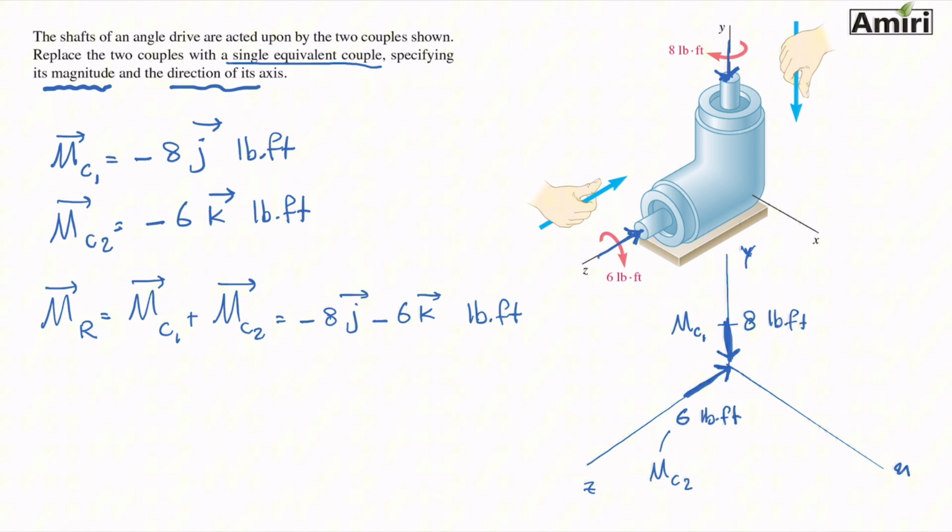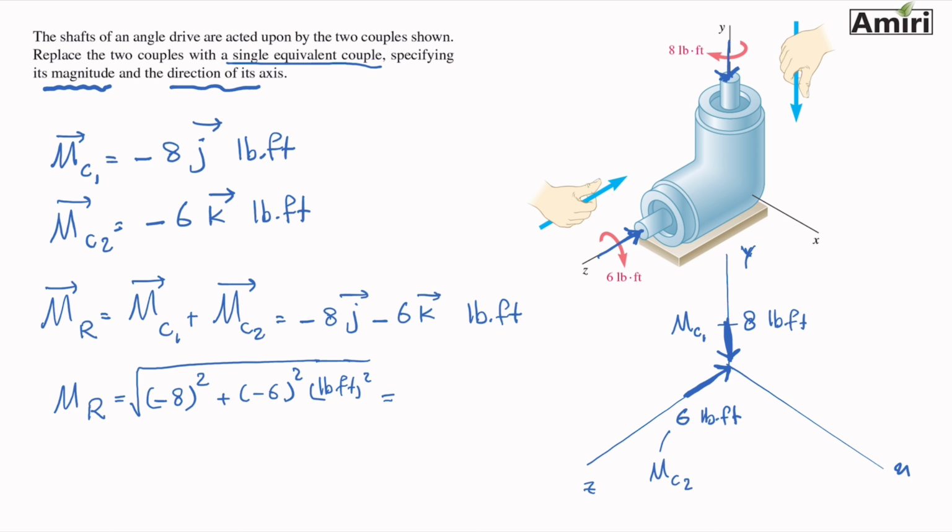So to find the magnitude of a force or a vector or a moment, you go -8 squared plus -6 squared, plus if you had an i, we would have squared that too, and the square root of that, with the units pound-feet.